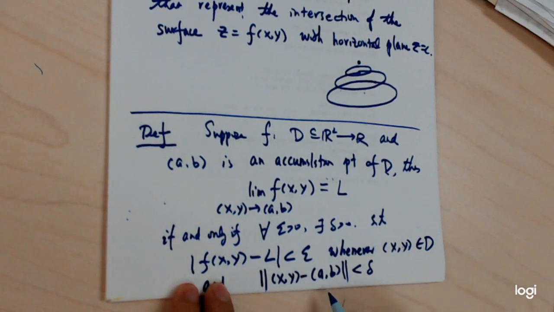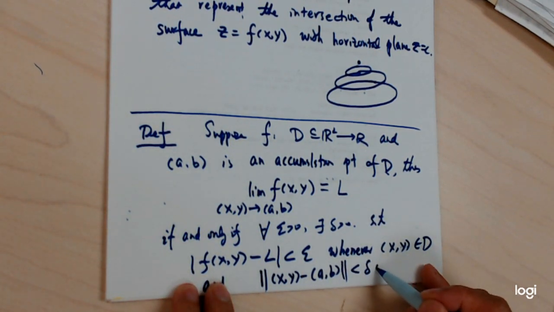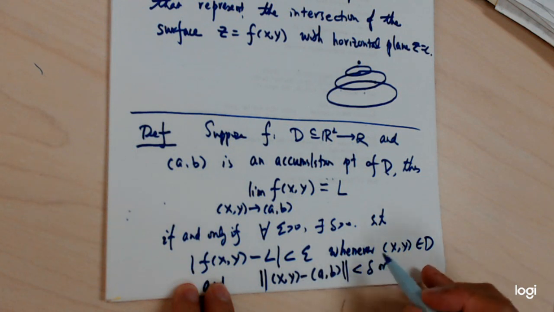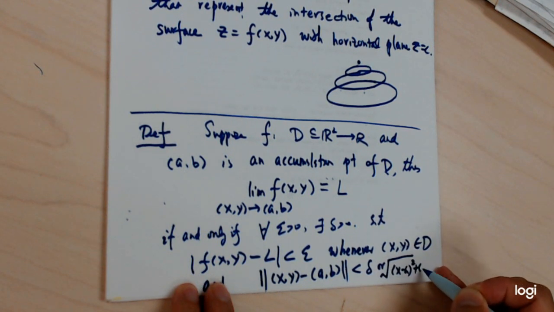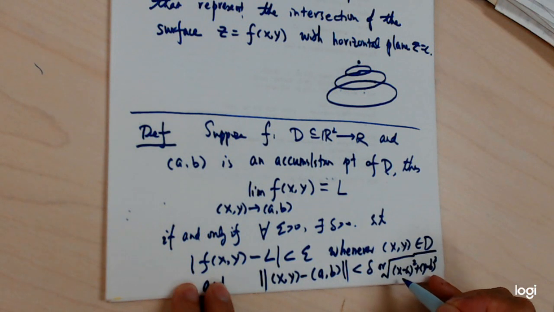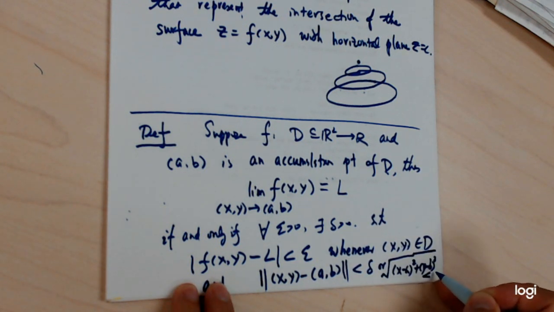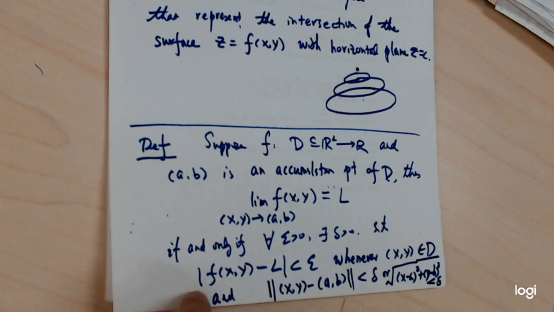In general, we're going to use the L2 norm. This is the usual Euclidean distance: the square root of (x minus a) squared plus (y minus b) squared is less than delta. Sorry, ran out of space there.